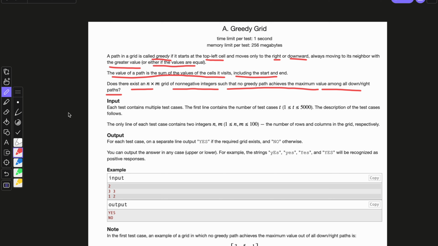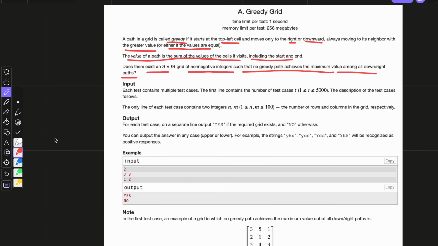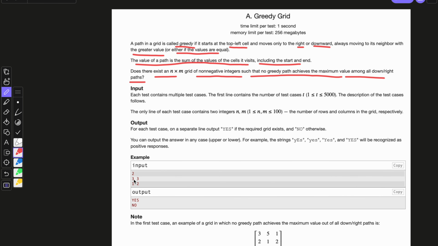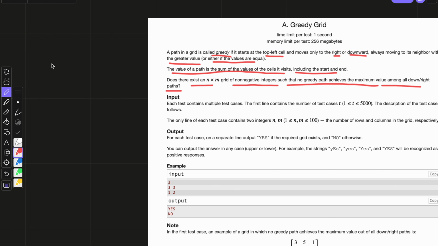Okay, so basically in this question we are given the values of n and m, and we have to tell if there exists a path where we only move in the grid either in the right direction or in the downward direction, and we choose the path greedily, right?